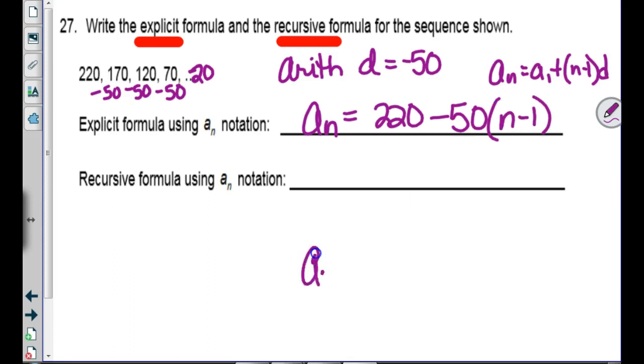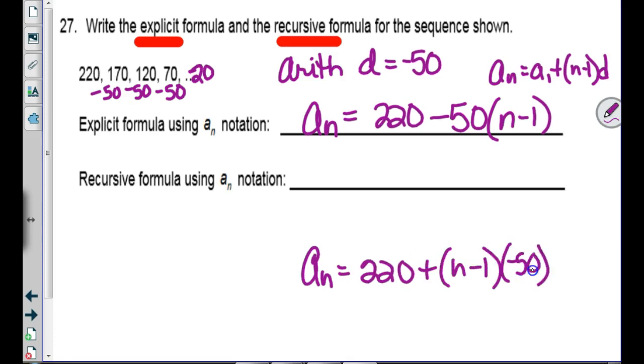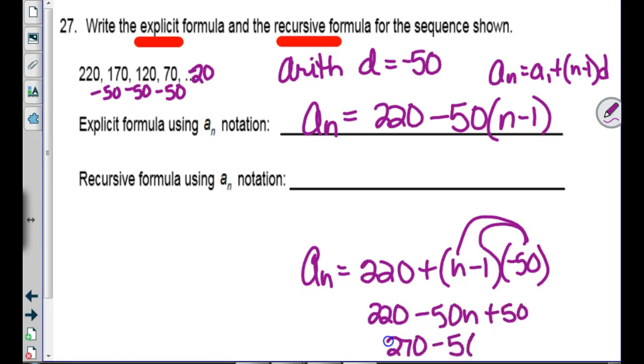If you wrote it like the book did, it would be plus n minus 1 times -50. You could distribute and simplify, but you don't have to. It would be 270 minus 50n, but you absolutely don't have to. I will be fine if you leave it in that form.